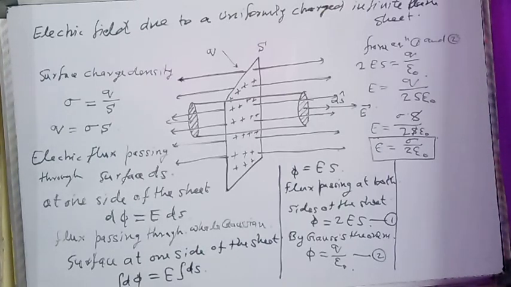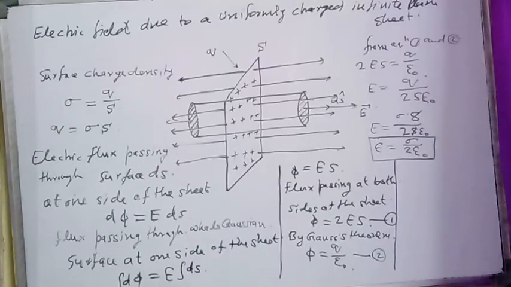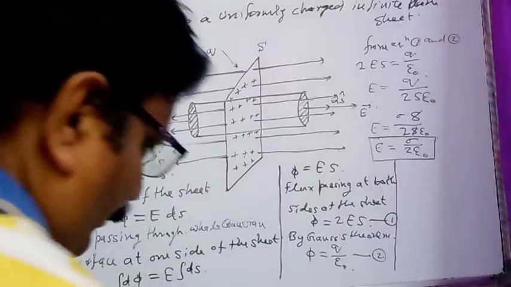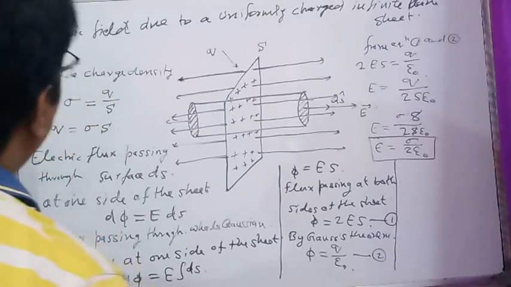Now once again I am here with a new video on electrostatics, and in this video we are going to continue the applications of Gauss theorem. In the previous video we discussed two applications of the Gauss theorem.